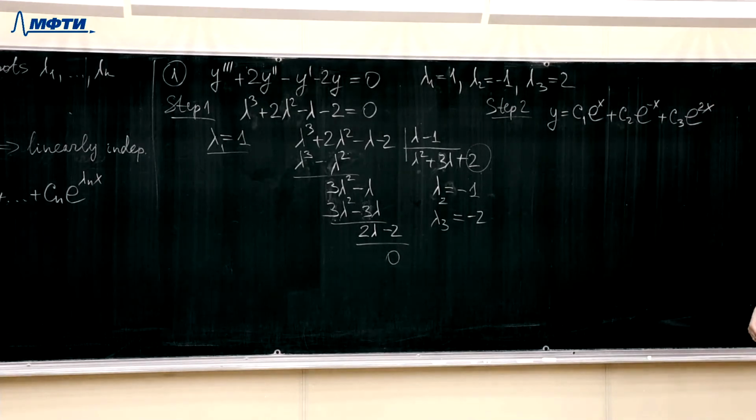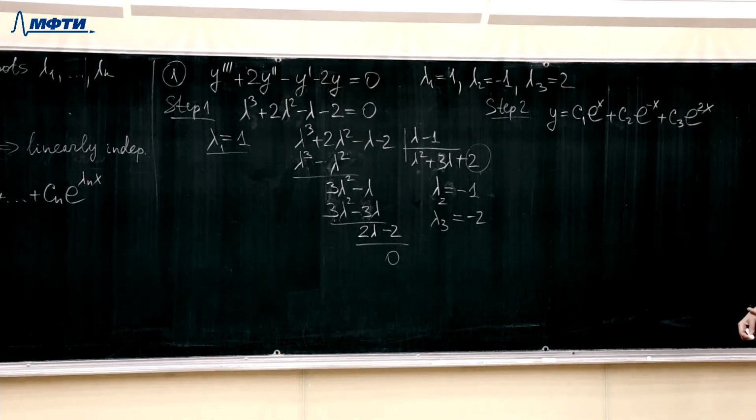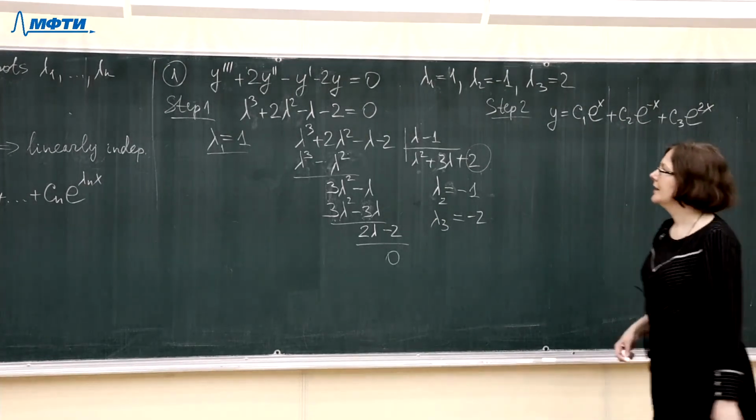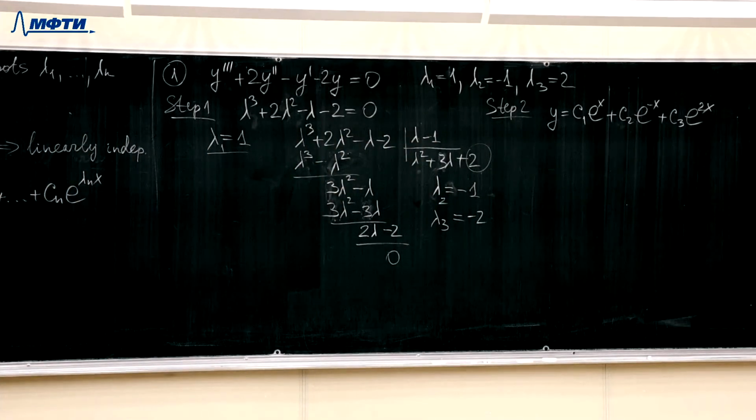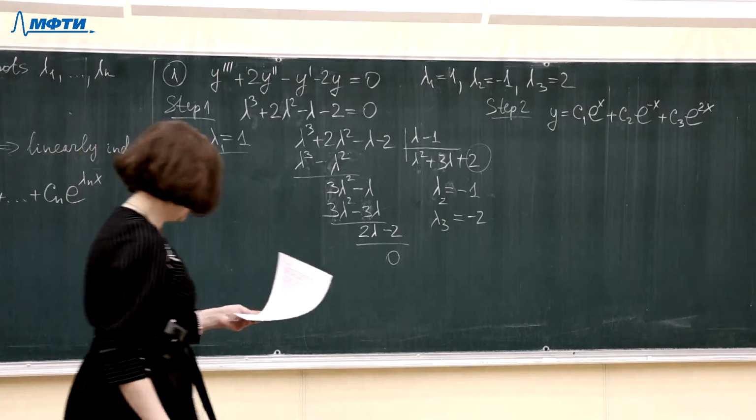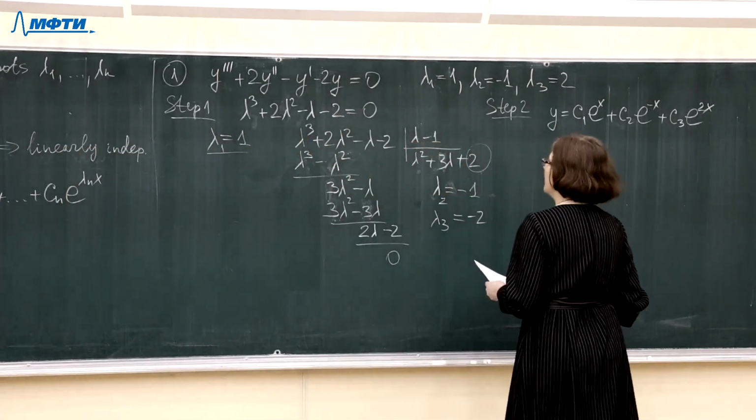So this is the general solution, a 3-parameter family of solutions, right? And after this, we will consider the last example.